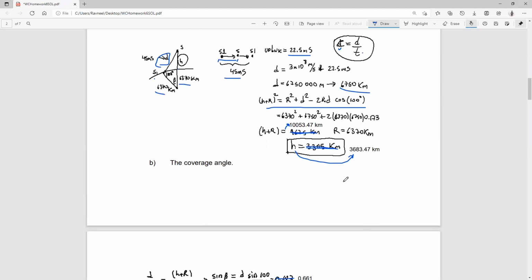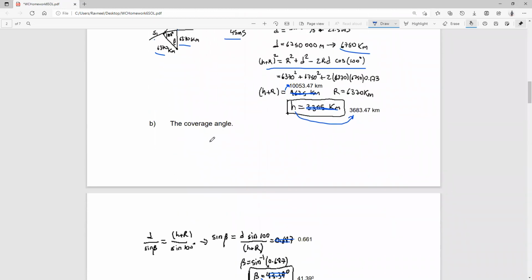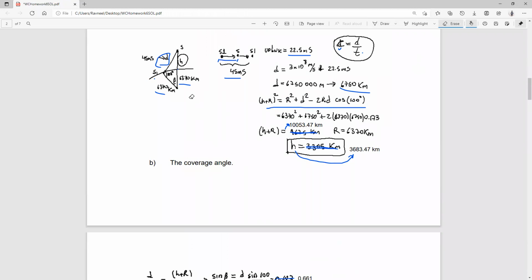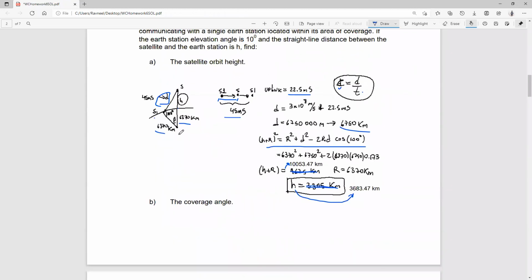Moving on to part B of this question, find the coverage angle. The coverage angle is the angle between the H station and S, this angle over here, beta.